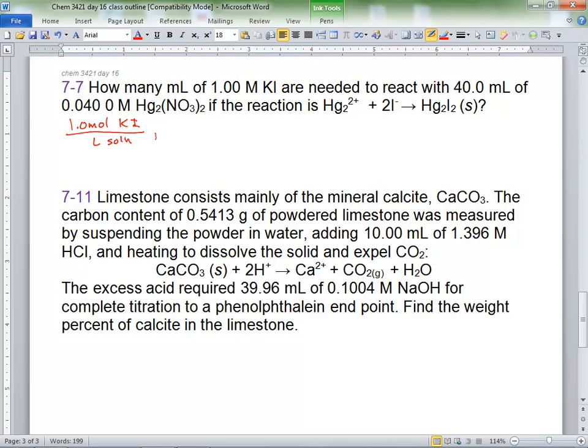They want to know how many mL of KI. What else could you write, Sochi, if you want to spell out all of our conversion factors? The 0.04 moles of that Hg2 2+ nitrate.